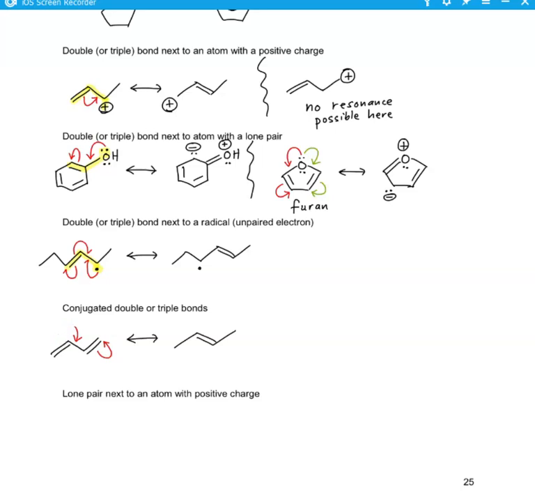So let's fine-tune this arrow so that it's a little bit clearer so that we have exactly what we want. We're going to move those into the double bond. That's going to leave the carbon on the left with a positive charge. We took electrons out of the double bond on the right part of the structure and put them onto the carbon on the right, which gives it a negative charge. So we have a charge-separated minor contributor there.